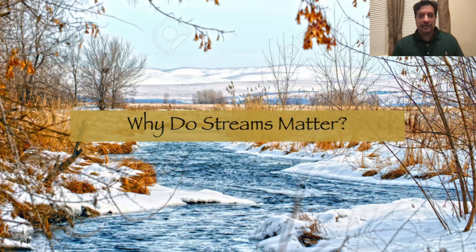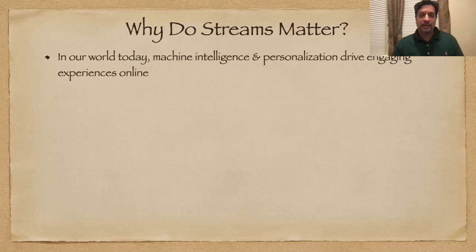Given that this is a data track, I'm sure many of you are already familiar with streams, but for those of you who are new to it, this might serve as a good introduction. Why do streams matter? In our world today, machine intelligence and personalization drive engaging experiences online.